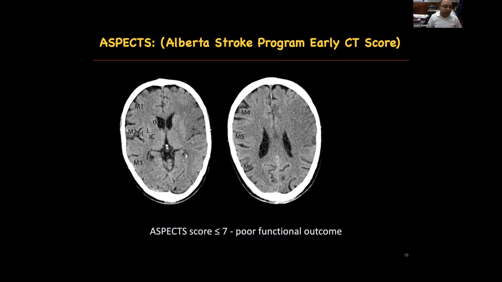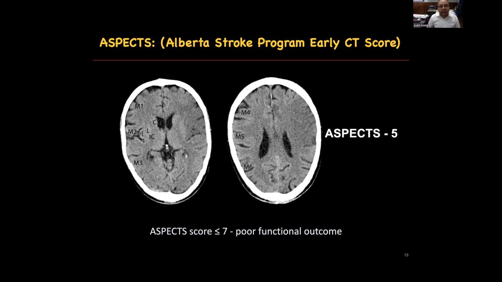Plus, we give 1 point to the caudate nucleus, 1 for the lentiform, 1 for the posterior internal capsule, and 1 for the insular ribbon. Like in this patient, M1, M2, M4, M5 plus insular ribbon are involved. So the ASPECT score is 5. When the ASPECT score is 7 or less, those patients have a poor functional outcome following any intervention.